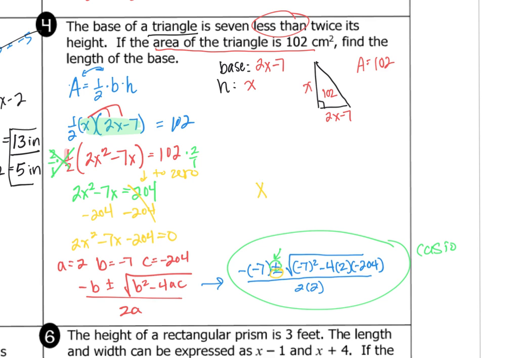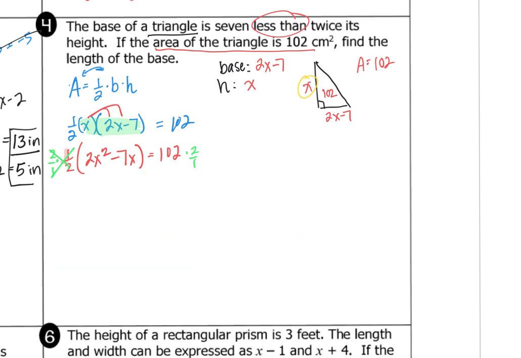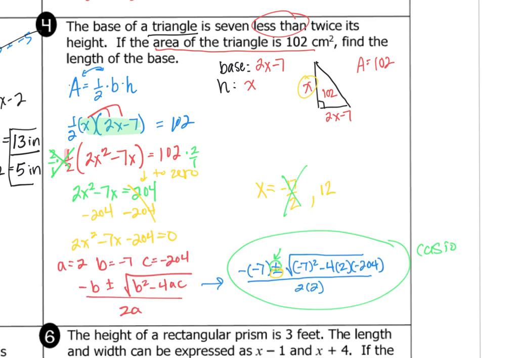The two possible solutions you would get when you plug all this into the formula, compute, and hit equals would be negative 17 halves, and you're also getting positive 12. Now, because one of our sides is x and we can't have a negative measurement, we're going to cross off our negative 17 halves.